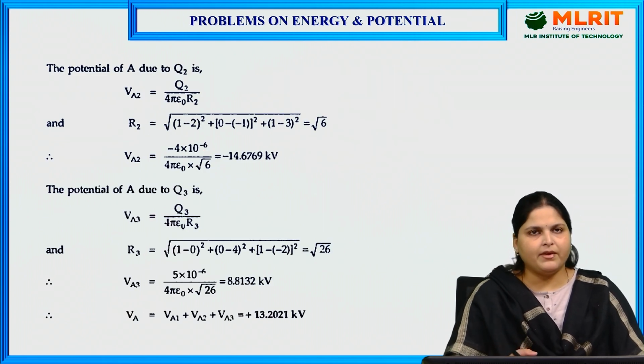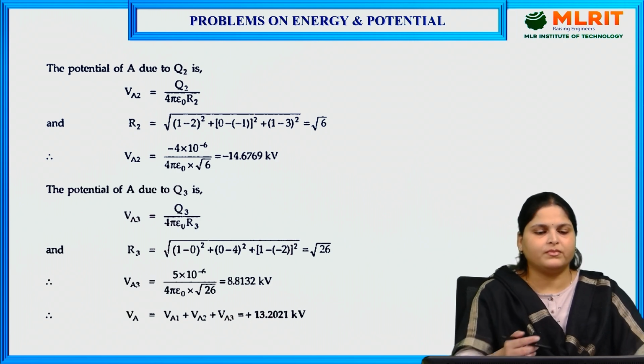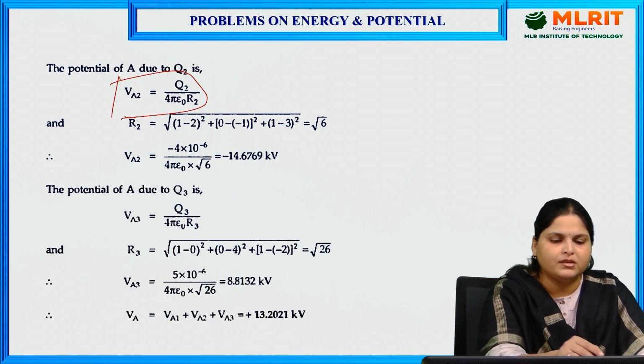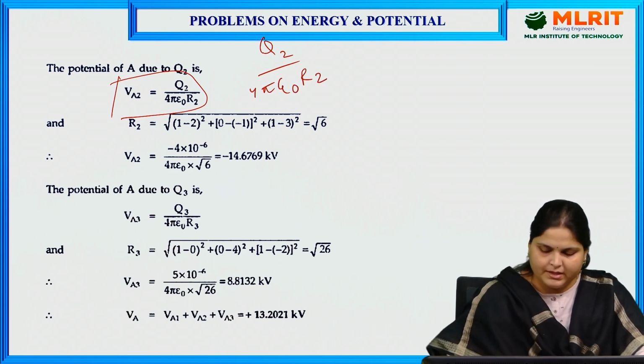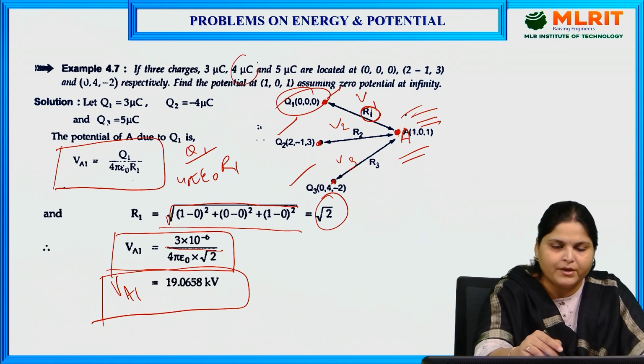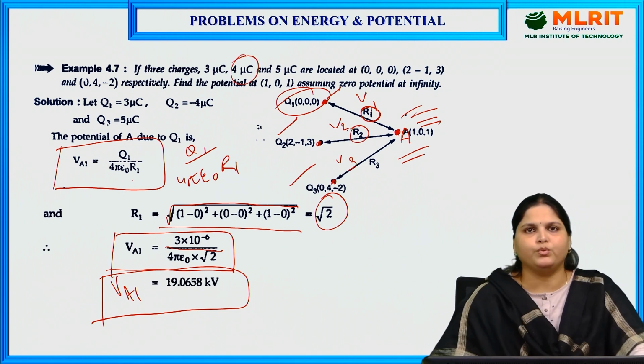This is the potential at point A due to Q1. In a similar way, we can find the potential at A due to Q2. The formula is Q2 upon 4 pi epsilon naught R2. Q2 is given as 4 microcoulomb and this is R2.